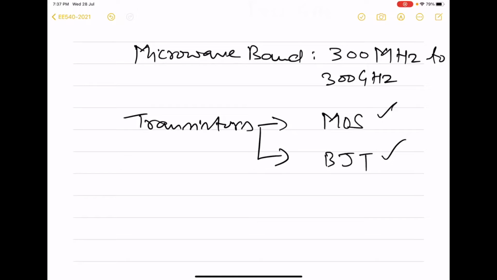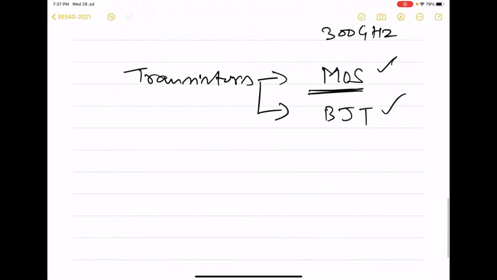Since these days almost all the digital circuits are implemented using MOS, and this fabrication technology is readily available, even the RF circuits, RFICs, are also implemented using MOS. So what exactly we are going to study is MOS-based RFICs. That means we are going to study CMOS RFIC.